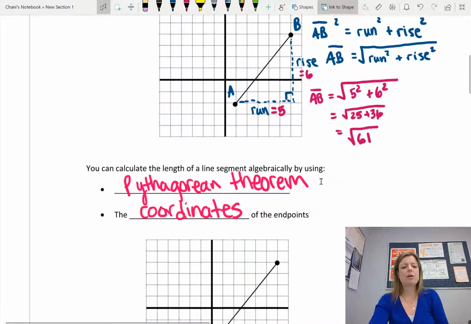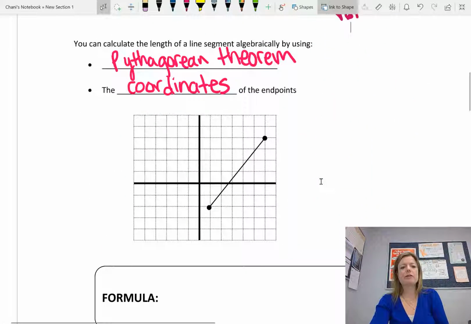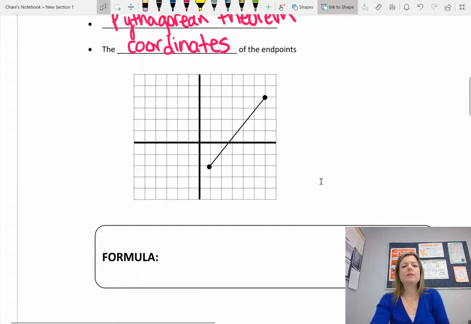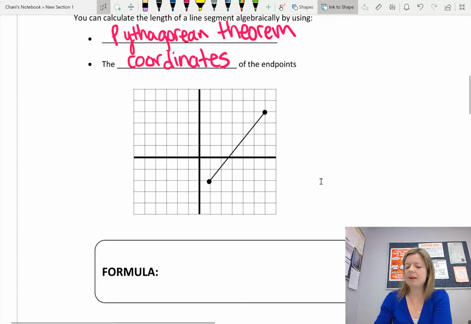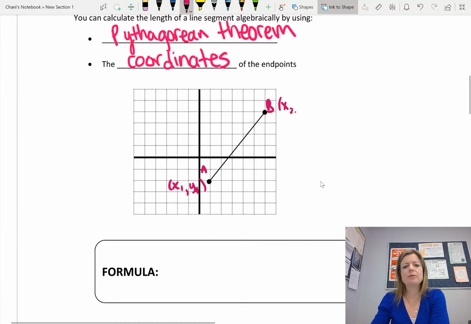All right, so we can take this further by actually using the coordinates of the endpoints instead of having to count the rise and the run. So if we label A with any given coordinate, x1, y1, that's just in general, and we label B as x2, y2.